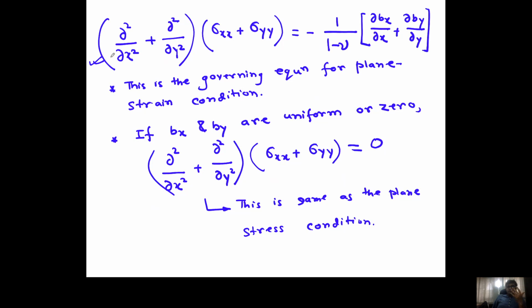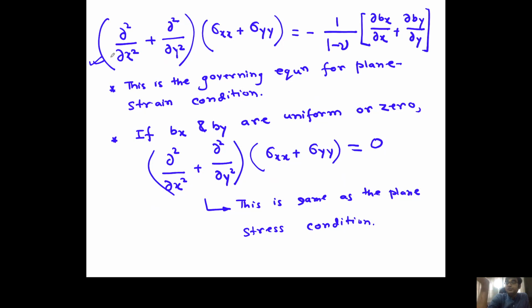And then we considered the special case, which is in most cases you will come across, and that is the body force is uniform or 0. And if the body force is uniform or 0, in that case, as you can see, the plane strain equation and the plane stress equation becomes same.